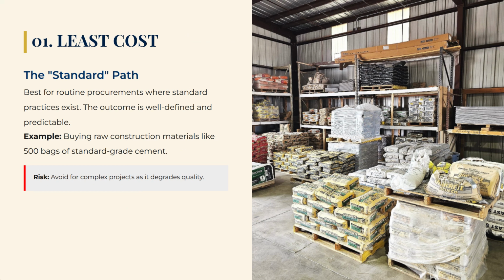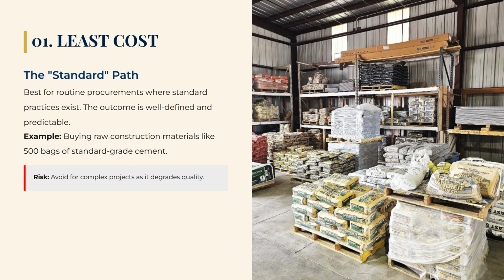Let's look at our first method, least cost. This is exactly what it sounds like. You buy from the lowest bidder, but you only use this for procurements of a standard or routine nature. We are talking about situations where clear, well established standards already exist and the outcome is highly predictable.